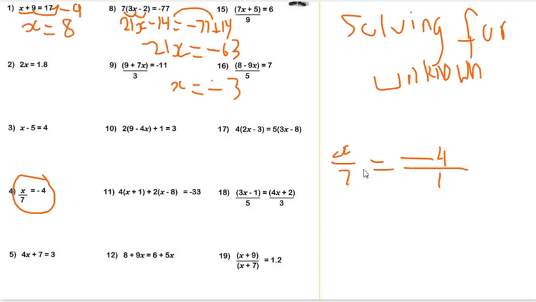Now we do what you call cross multiplication, where you take the denominator multiplied by the numerator, multiplied by the denominator. So x times 1 gives us the value of x. Now 7 times -4 gives us the answer of -28. Now the rest you can do it. If you need the answer to it, just comment in the video.